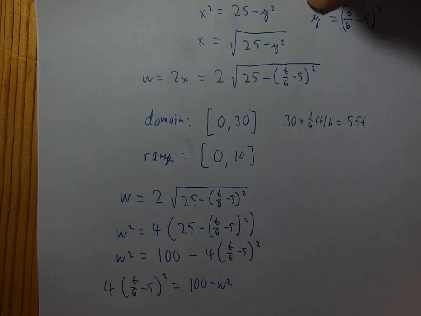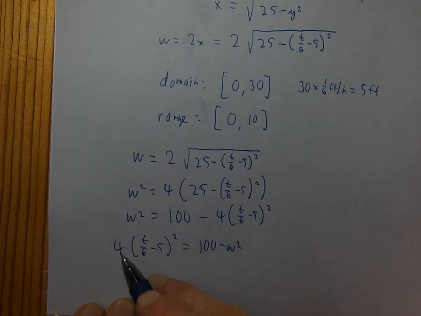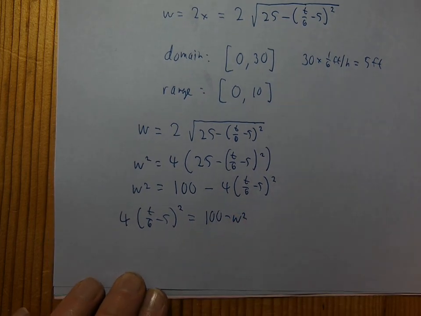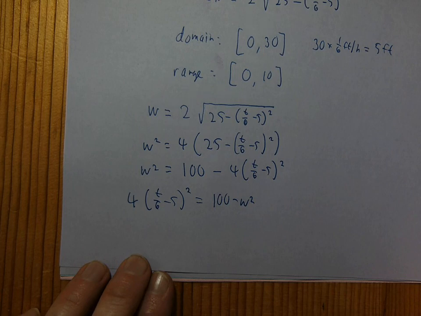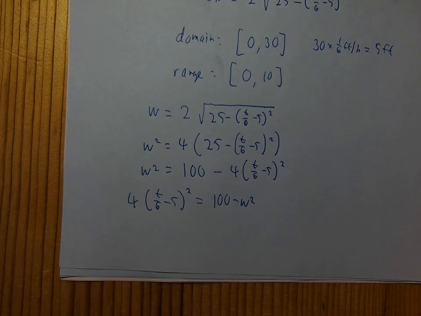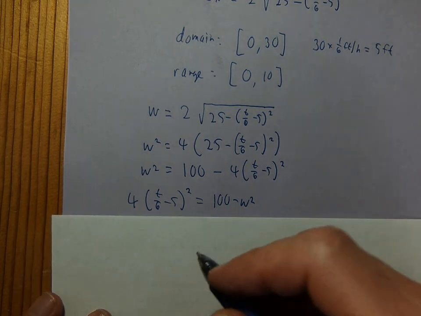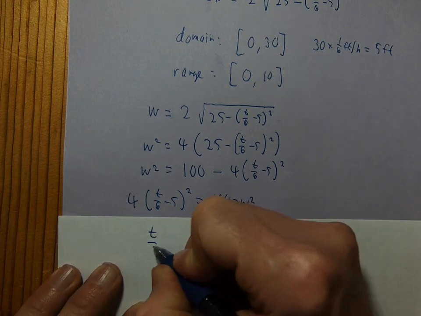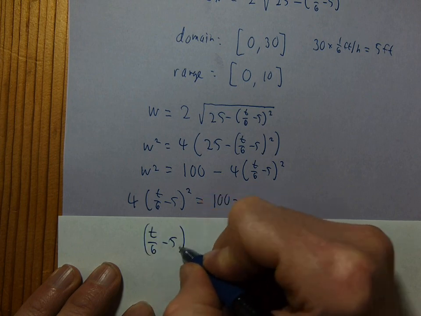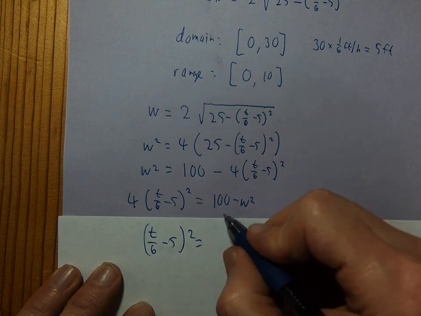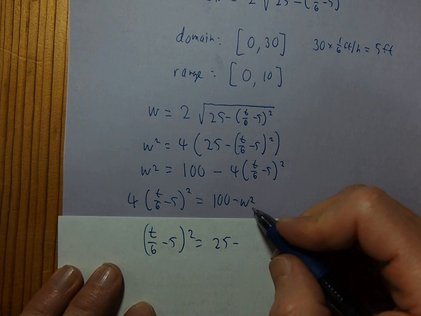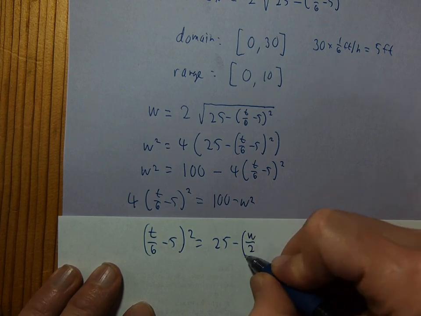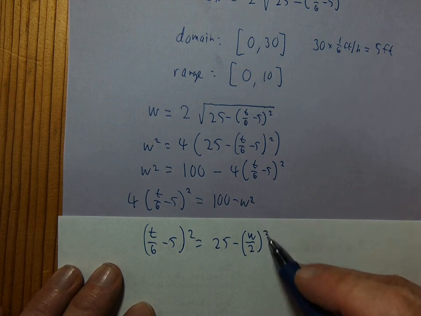Okay, so put the 4 back over here now. So a lot of algebraic steps here, and actually I'm going to start this on another sheet of paper. Okay, so put the 4 over here, and we finally have t over 6 minus 5 squared equals 100 divided by 4, which is 25, minus w squared divided by 4, which we can write like this, w over 2 squared, because it's w squared over 4.